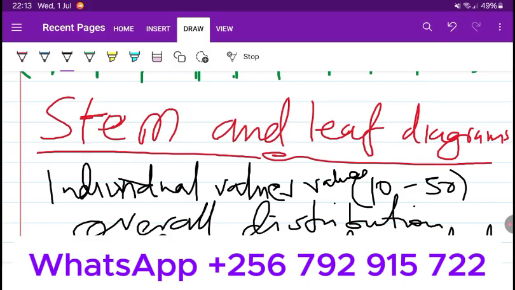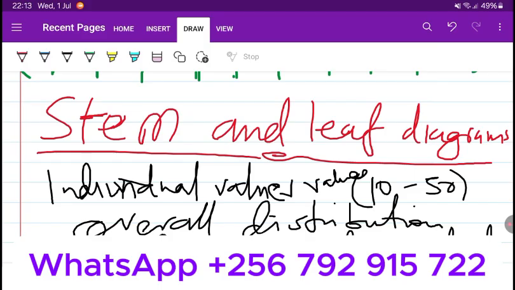So with a stem and leaf diagram, we think of each observation as a stem and a leaf. So we look at the different observations, the individual values that we have, as a stem and a leaf.